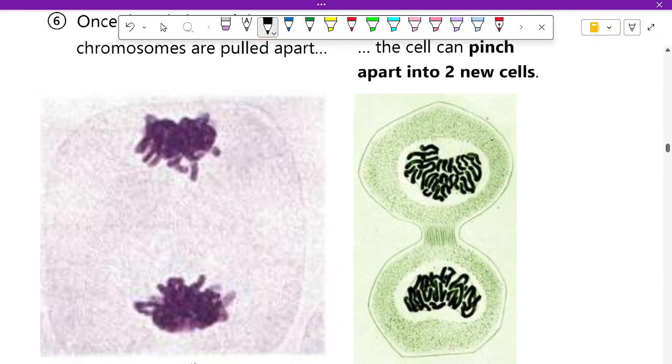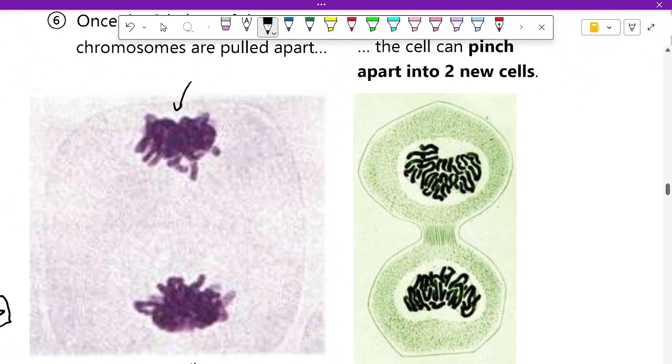Okay, so you can see one set of chromosomes. This is the other identical set of chromosomes.